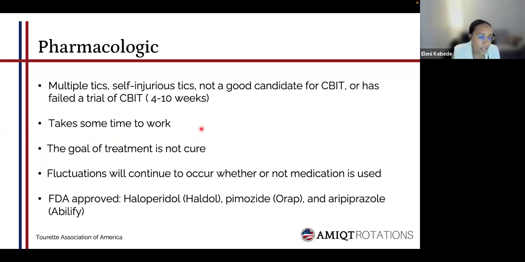Fluctuation of Tourette's tic, the waxing and waning nature of tics makes it hard to see the progress and the improvement on the drugs. Sometimes the initial response that we're thinking happened because of the drug, it might be because the tics are waning. And the other is that when we're talking about drugs, FDA has approved only 3 drugs right now: haloperidol, pimozide, and aripiprazole.